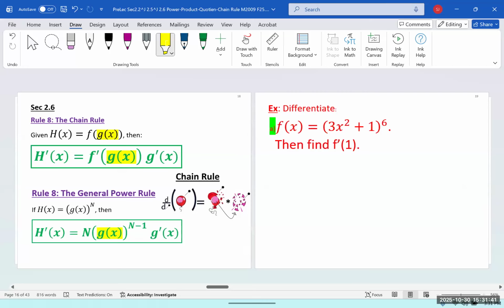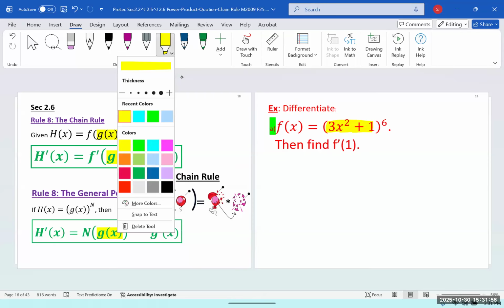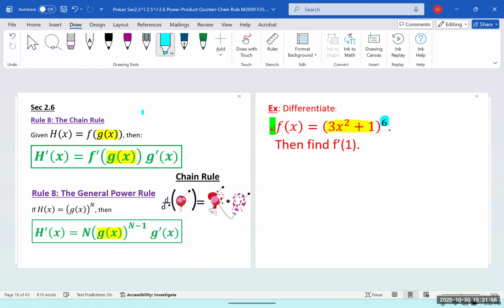Example, something like this. We have 3x squared plus 1 whole thing to the power 6. So we have a function here. And this function has a power here. It's a chain rule, because we have two functions sitting inside one another. The outer function here is the power.